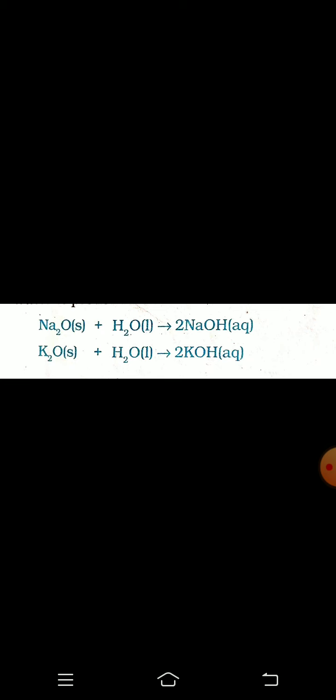So here you will remember that sodium oxide and potassium oxide dissolve in water. They are soluble in water and they form alkalis. Which alkalis are formed here? NaOH and KOH, sodium hydroxide and potassium hydroxide. What are these alkalis? They are bases which are soluble in water.